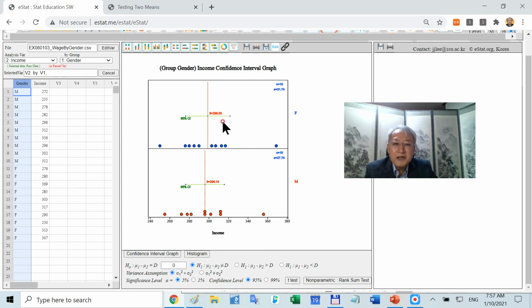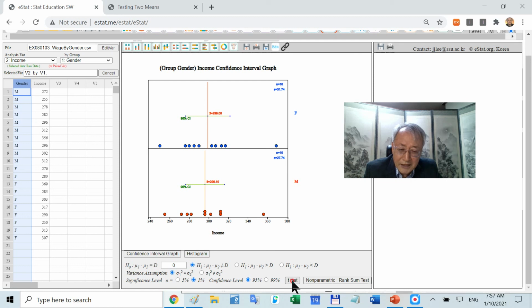You can immediately notice that the confidence intervals overlap, therefore maybe in testing hypothesis there would not be a difference. Okay? That's your intuition from this dot graph. If you want testing hypothesis, you select confidence, maybe significance level 1%.